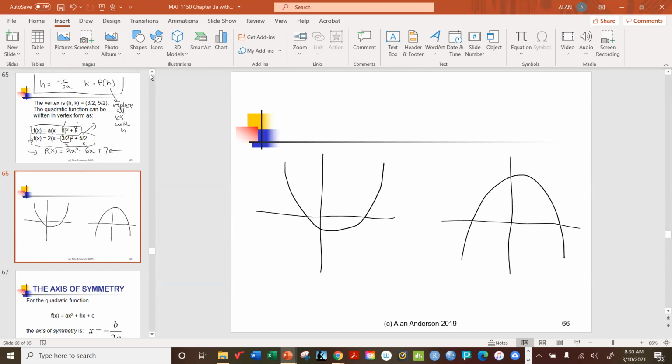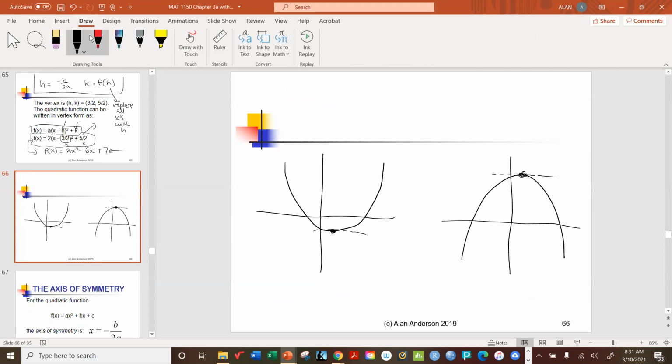So it stands to reason wherever the vertex is, remember, this is where the tangent line is flat, the axis of symmetry, which is just a vertical line which separates the two halves, would cut through the vertex.